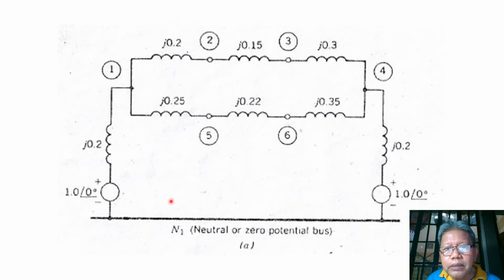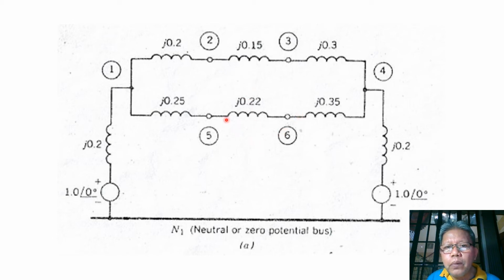For the positive sequence network, in the previous example we have seen that this is our equivalent positive sequence network after representing our generators and transformers with their equivalent circuits, with their corresponding values of reactances, and also with the representations of the transmission lines.